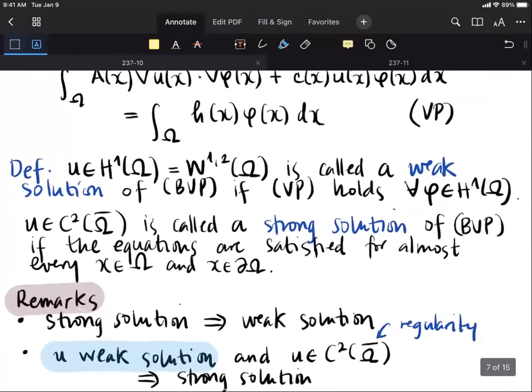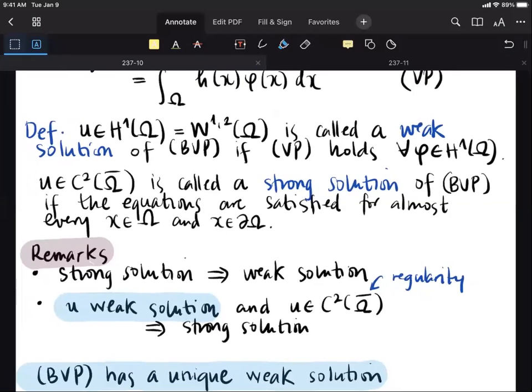So this concept of a weak solution might be superficial at this point, but finding a strong solution of your boundary value problem, this will serve as a first step in finding strong solutions.